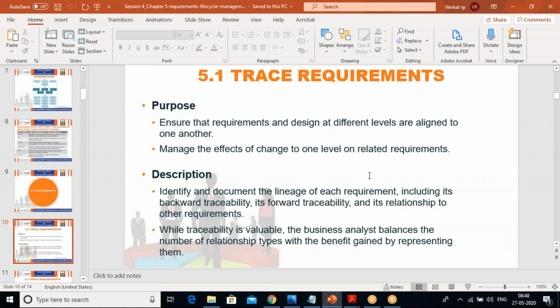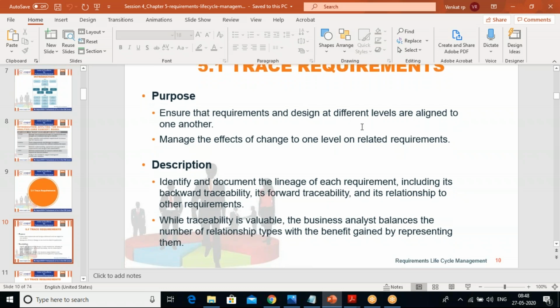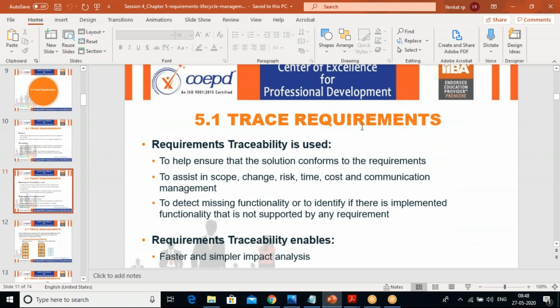Because going forward we anticipate more changes to come, and to facilitate those changes, traceability will definitely help. So before we begin anything, we should come up with the traceability mechanism, or a kind of traceability architecture, so that it becomes easy for us to go to the next levels.